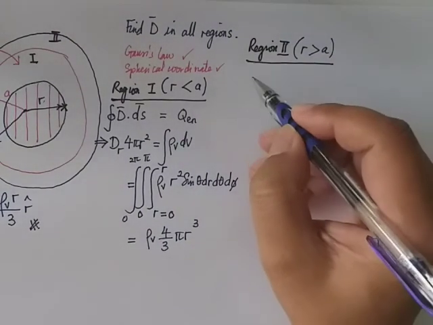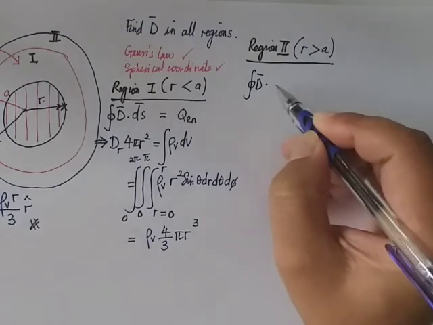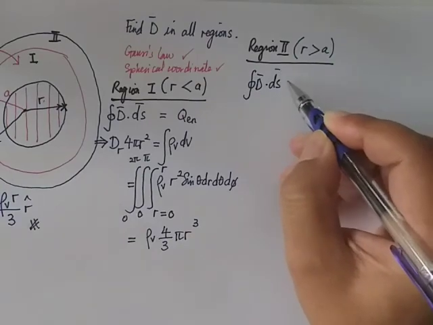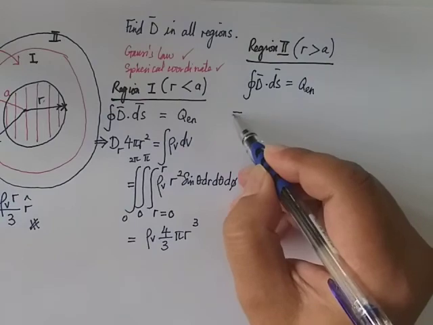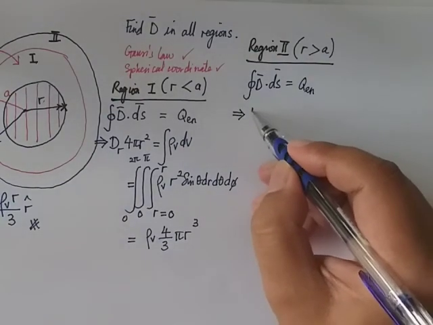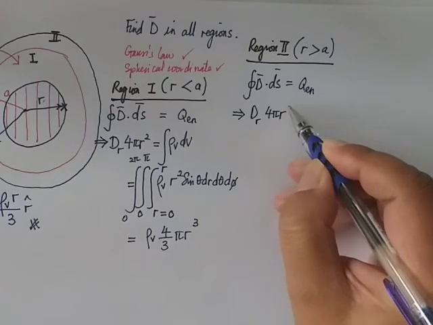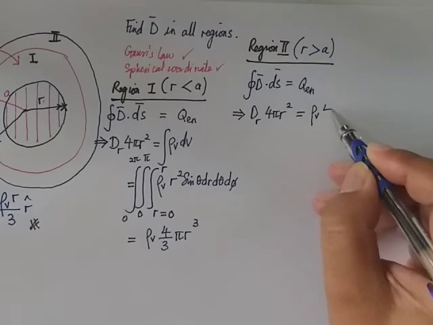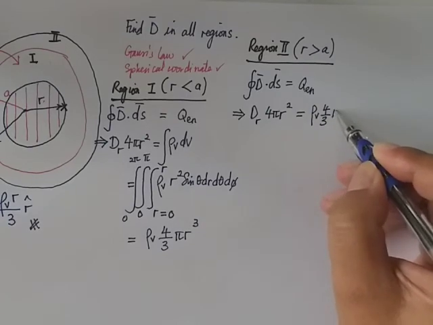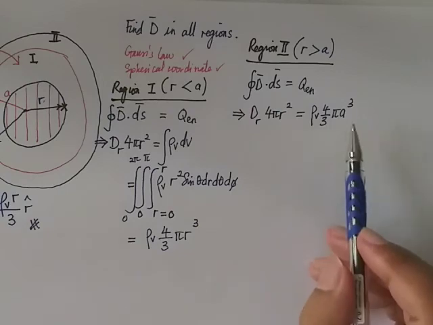So the mathematics should be completely closed: D dot dS equals Q enclosed. If you do the mathematics properly, you're going to see its repetition: 4 pi r squared, and then here should be rho_v 4 over 3 pi a cubed. You must see now a cubed, why?